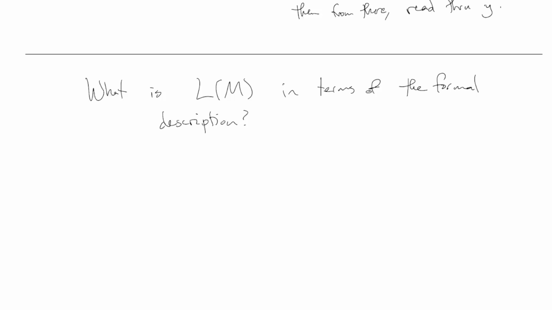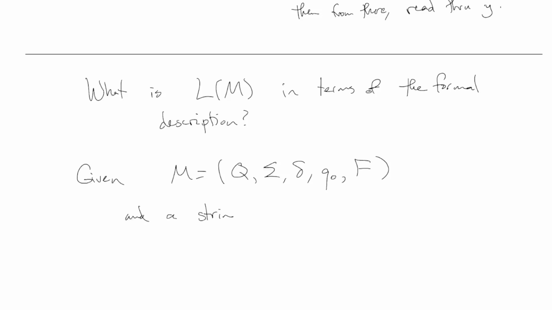So when we say, I'll write it this way, given M as this formal description, this is usually what we call the 5 different ingredients here, and a string x in sigma star. What does it mean for that string to be accepted?